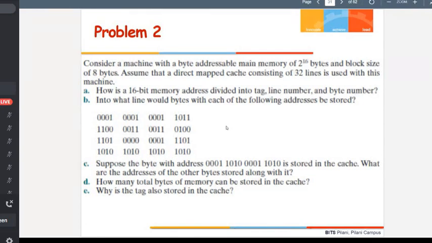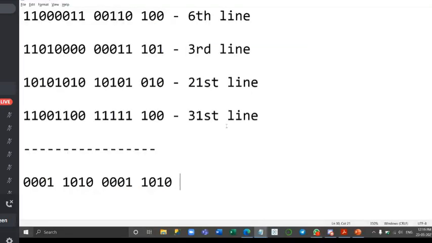It's not asking about the other addresses, it's asking about other bytes.